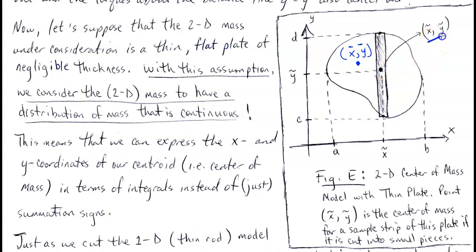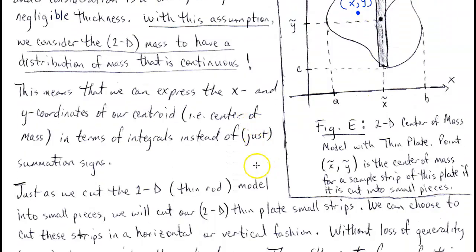We're going to call the center of mass for that sample X tilde, Y tilde. If we can model the center of mass for X tilde, Y tilde, and add a bunch of those up, then we'll actually have the system mass for the entire 2D figure.